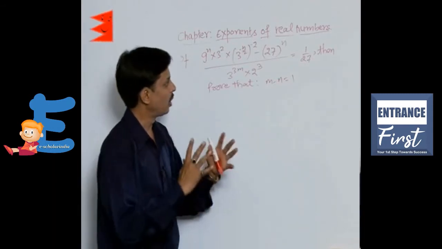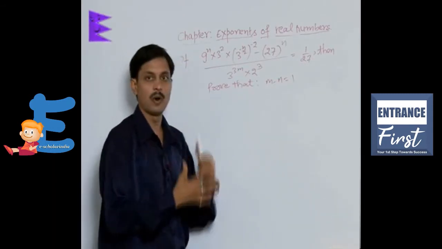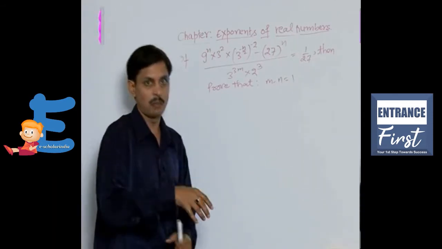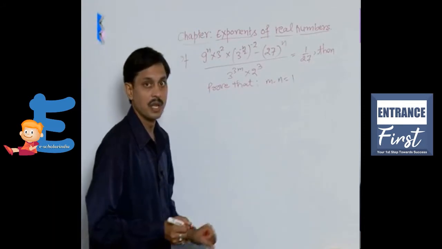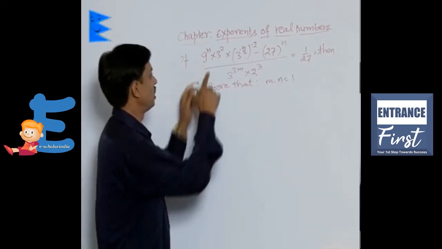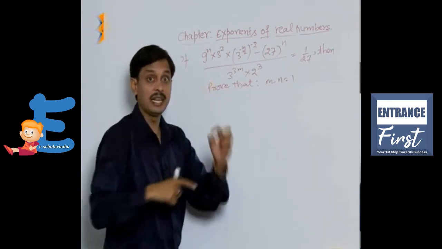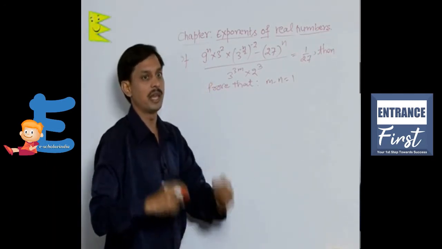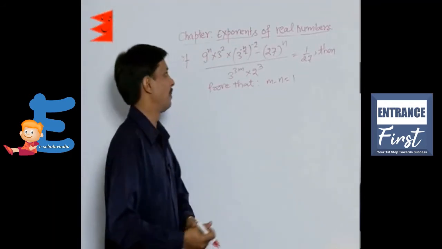1. In order to prove it, we will apply the rules, follow the steps, and solve the question very properly and systematically. First of all, I want to see that this base is 9. 9 is a composite number, so it can be written as the product of two or more prime numbers.